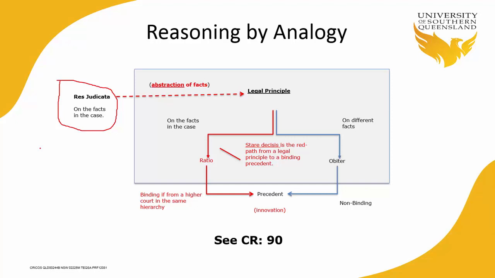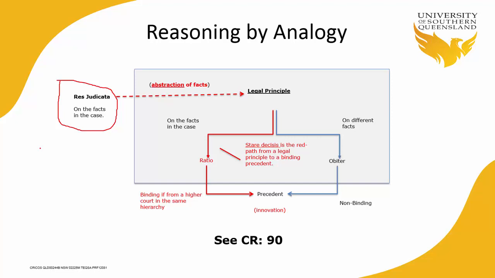Then I can come to the judge in this current case and say, Your Honor, this is what the higher court in this hierarchy decided in similar circumstances, and that was the ratio they came up with based on this legal principle. And then the judge would say, yes, we would stand as a court system by the decision we made in Donoghue and Stevenson. And the only thing, of course, now to look at is whether the facts that we have are similar enough for us to follow that decision or not.